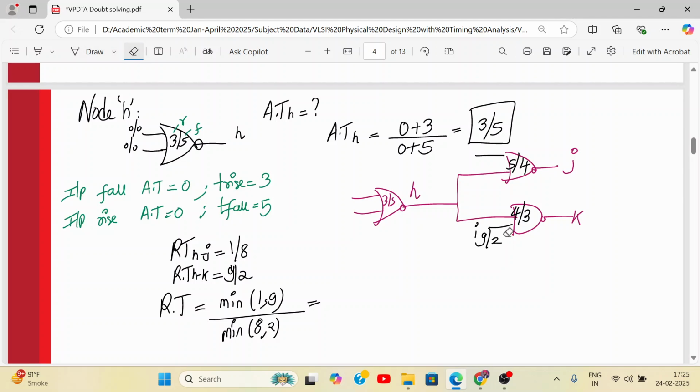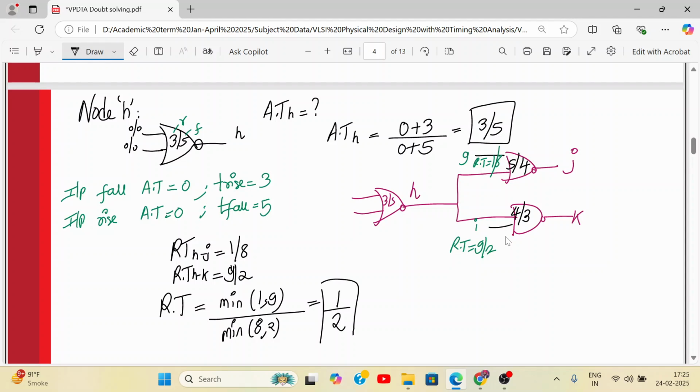Again I write for G and I. So this is G. Here the return time was 1 by 8, and here the return time is 9 by 2. This was input I. So both the inputs will have the same return time. So now the minimum of this will be 1 by 2. So that's the return time for node H.